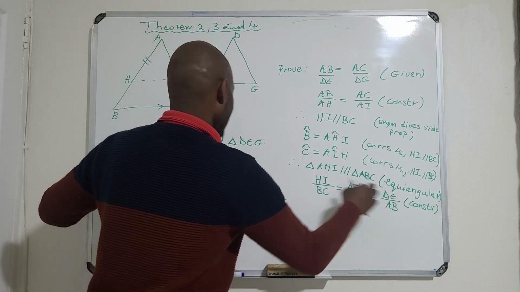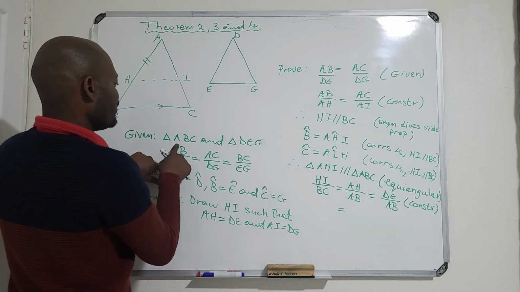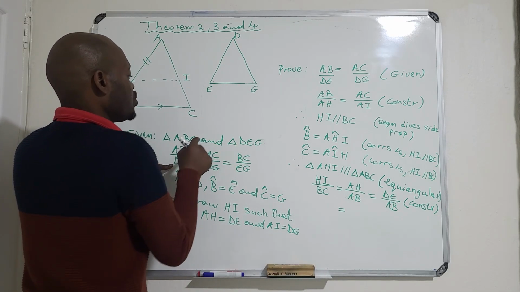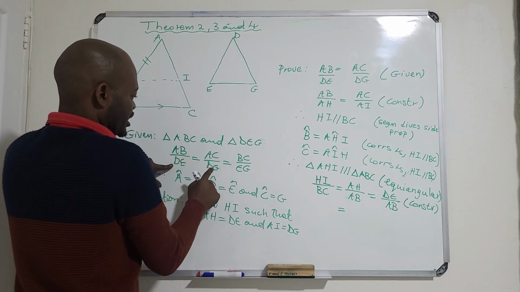So if it's AB over DE, it has to be equal to AC over DG.